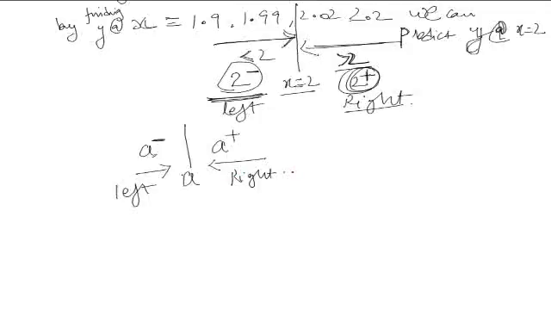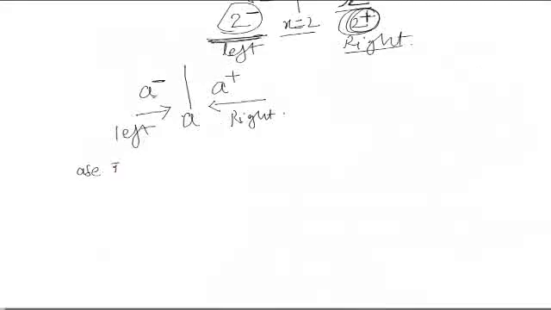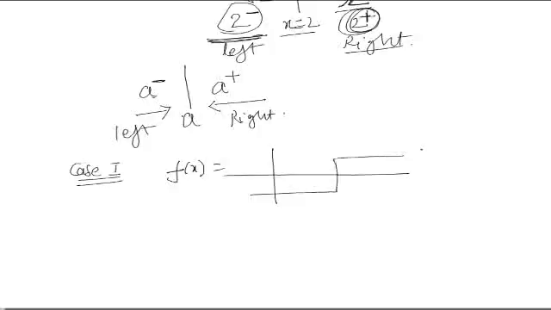Okay. Now let us go back to the question we asked: why is it not true always? And we will see the cases. Let us see our case 1. Let me take an f of x which looks like this.